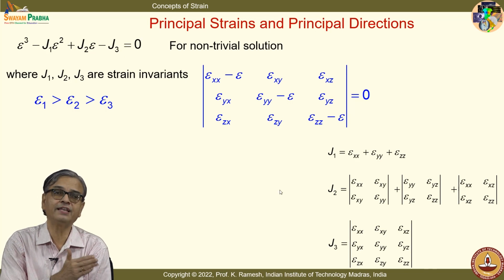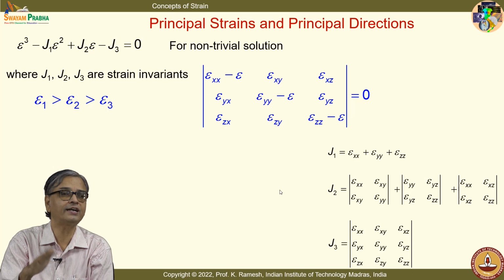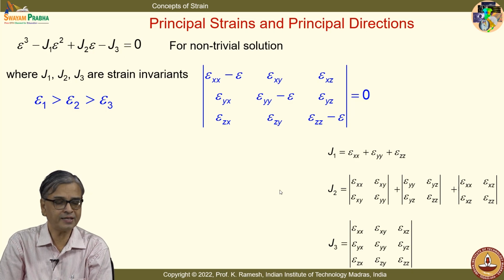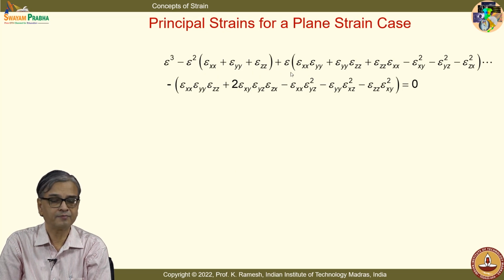And like what we have seen in stresses, I have a cubic in a 3-dimensional situation. I simplify when I look at only in the xy plane, knock off all quantities related to z. Same thing I do here also. When I write this J1, J2 and J3, they are expanded in this form, and J2 is epsilon xx epsilon yy plus epsilon yy epsilon zz plus epsilon zz epsilon xx minus epsilon xy whole square minus epsilon yz whole square minus epsilon zx whole square.